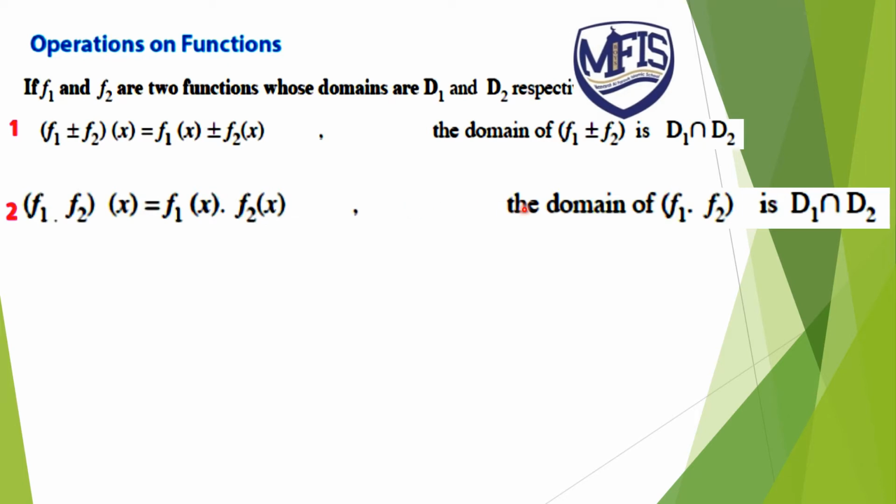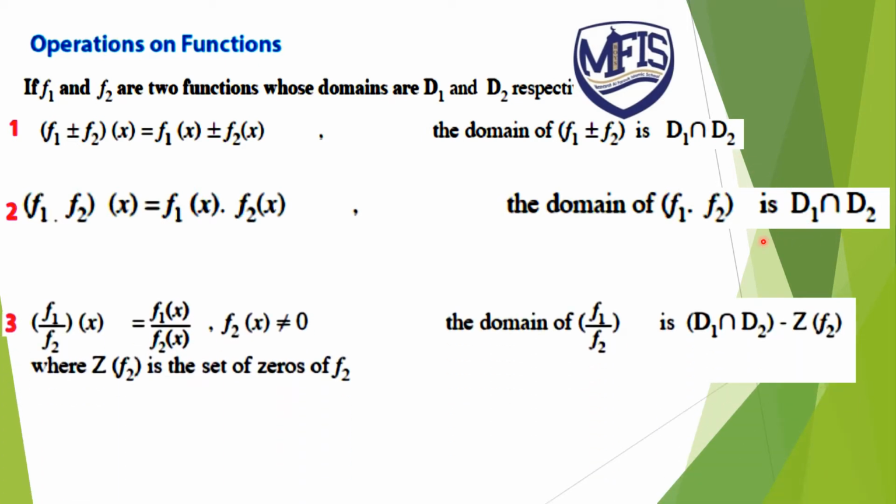The domain of the product of two functions f1 and f2 is also d1 intersection d2, the same as for plus or minus of two functions. The domain of them is d1 intersection d2.